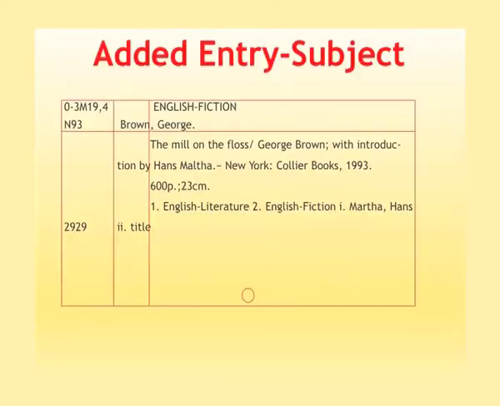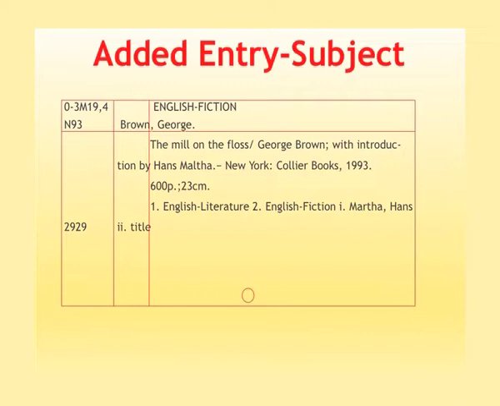Here other treatments are like that. The subject added entry is made according to the AACR rule, as you prepare for the normal books, even by one author or more than one author, the same treatment is there for other parts of the catalog.